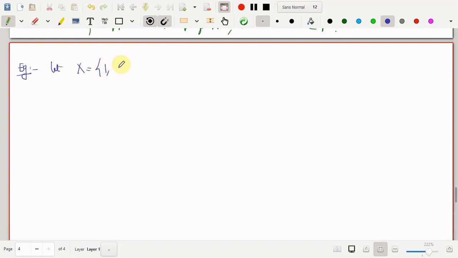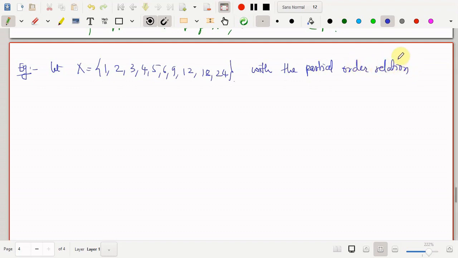The set X is defined; we have taken some subset of natural numbers, say 1, 2, 3, 4, 5, 6, 9, 12, 18, 24, with the partial order relation defined by: say x is related to y if and only if x divides y. So the divisibility relation is a partial order relation.